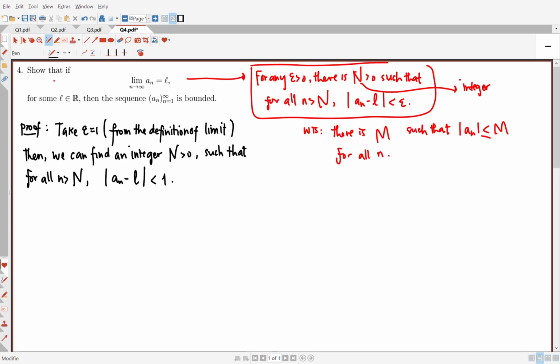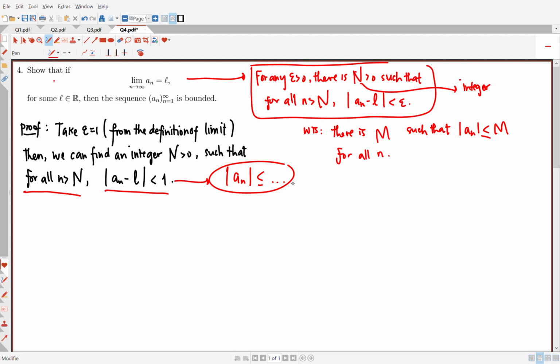Right. And we see here that for all n bigger than big N, the absolute value of a_n minus L is less than 1. If from here I can transform into the absolute value of a_n is less than or equal to something, then it means that for this case we have found the bound for a_n, right?